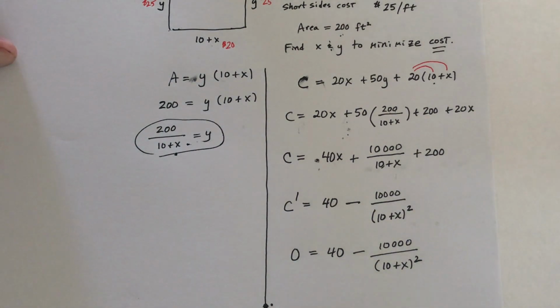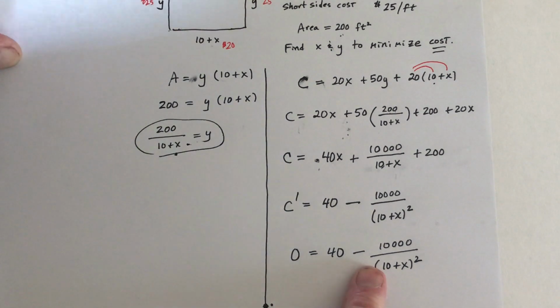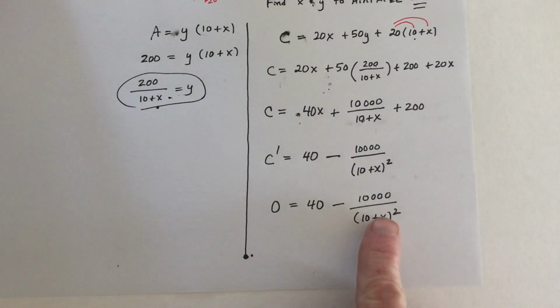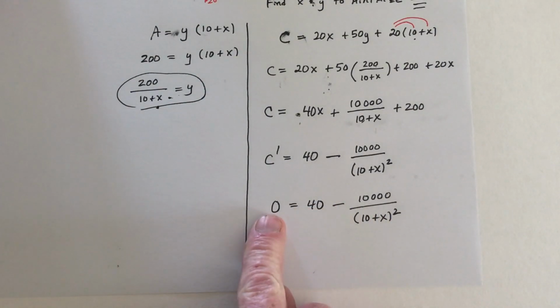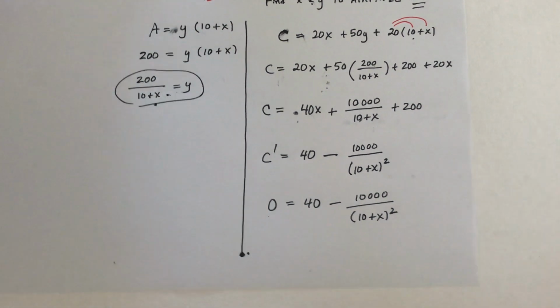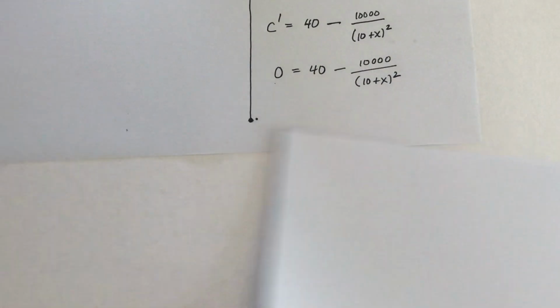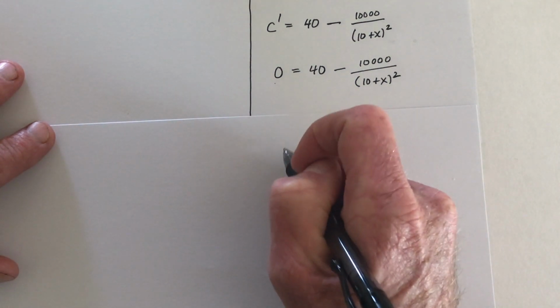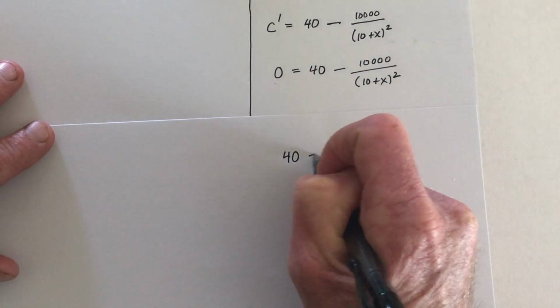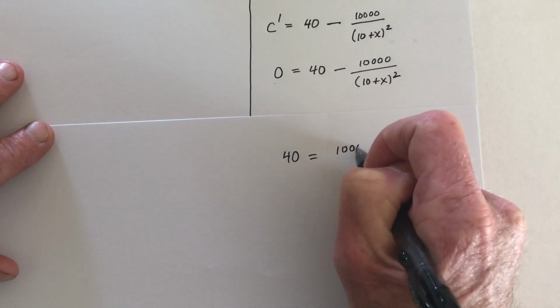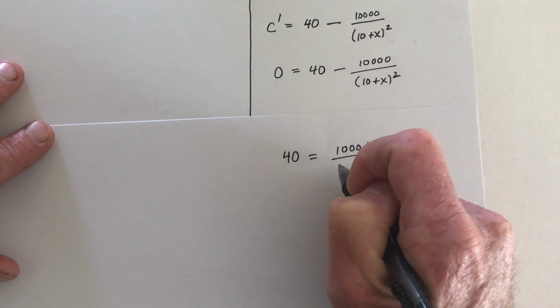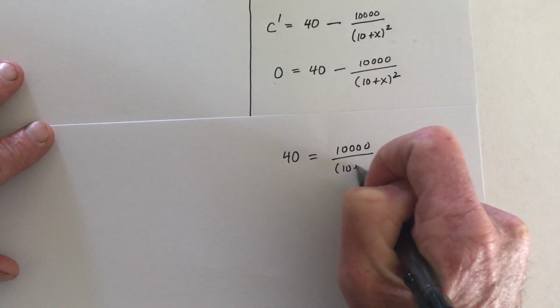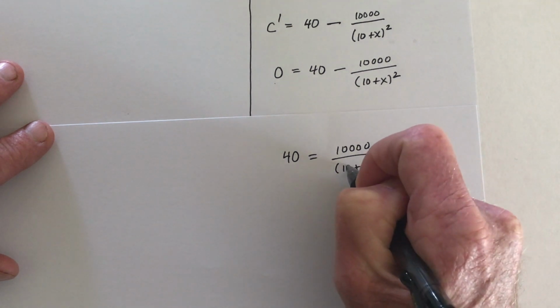And it looks like I'm going to need another piece of paper to finish this one. So with this one, what I would do is take this negative term and just move it to the other side so it becomes positive. So it would become a positive 40 equals the 10,000 divided by 10 plus x being squared.